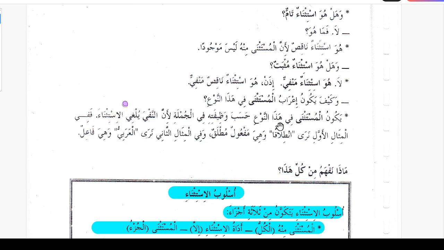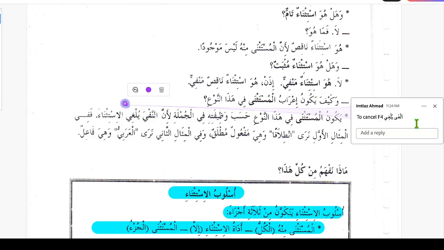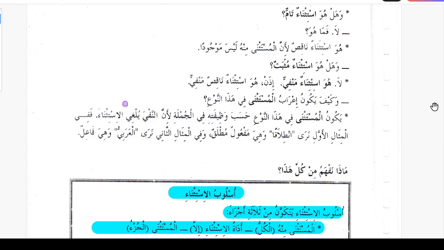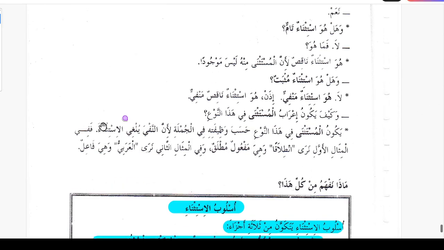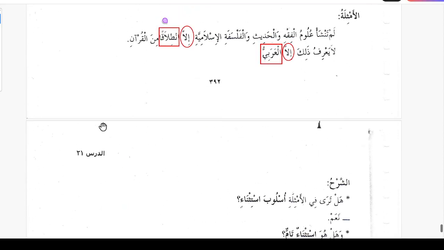Yakunu al-mustasna fi hazihin nawi hasba wazifatihi fil jumlati, the i'rab is as the function in the sentence, because annafi yulgi istisna, the negation cancels the istisna. Like I said, the negation cancels the exception, so then it becomes a positive sentence.